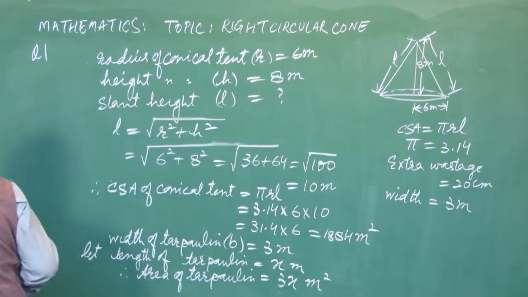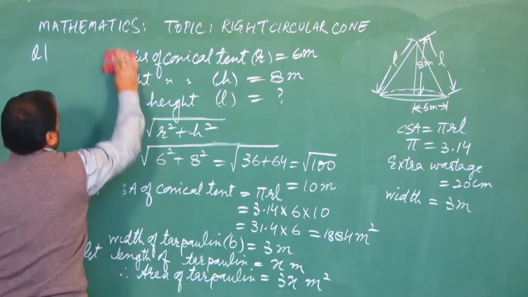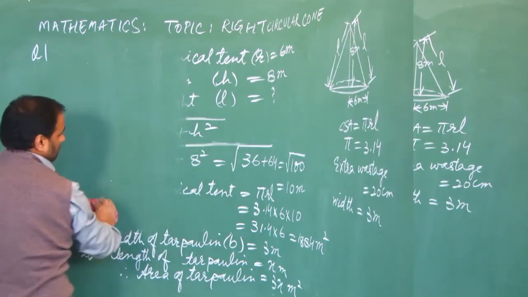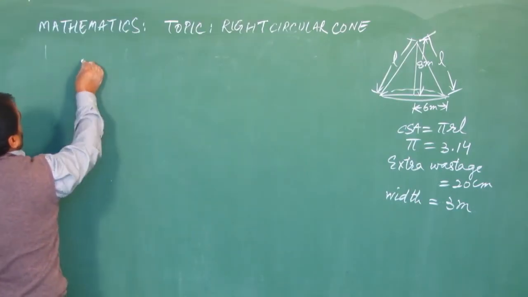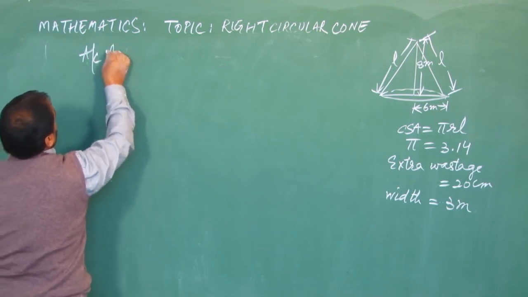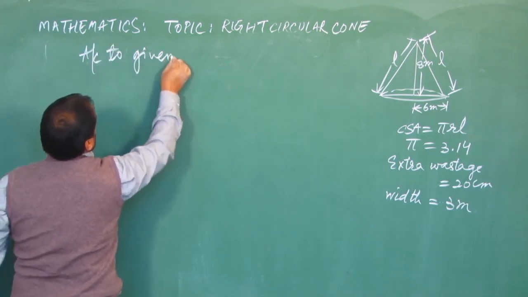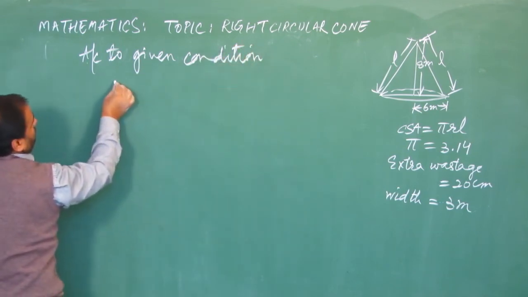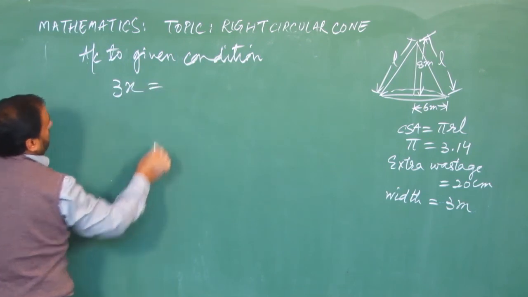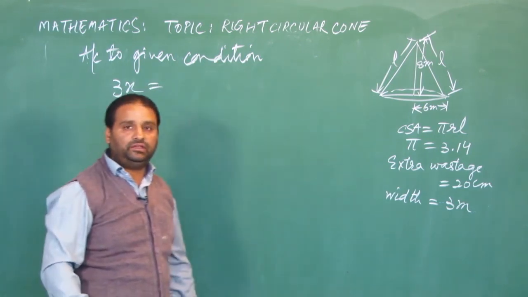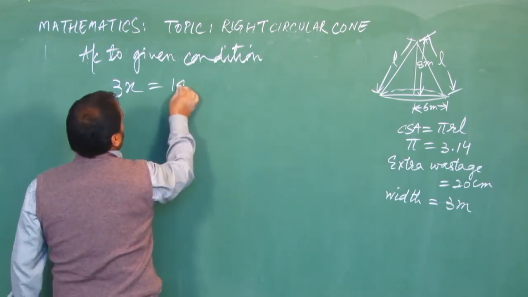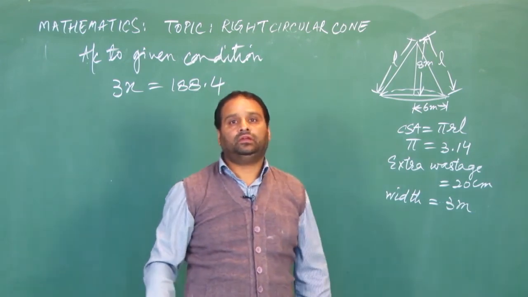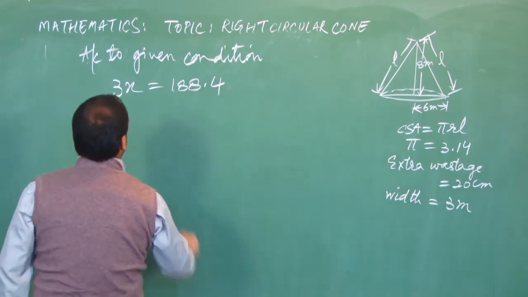So, when we relate it, we actually make an equation. According to given condition, three into x is the area of tarpaulin used in making that tent, and 188.4 meters square is the actual canvas in making that tent.